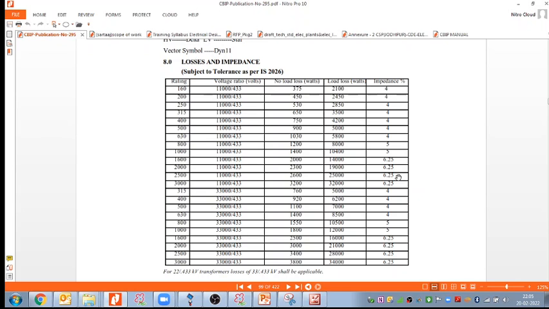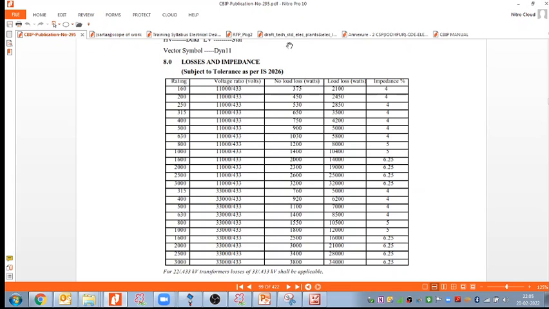Otherwise, the switchgear cost will increase, the earthing cost will increase, each equipment cost is going to increase if we have a higher fault rating. So in place of 6.25 we go to the higher impedance, and when I go to 8 percent, the fault rating reduced from 58 to 45 kiloampere.